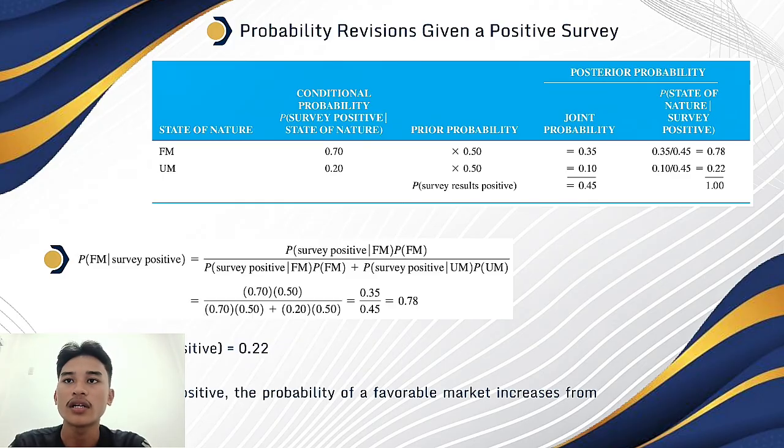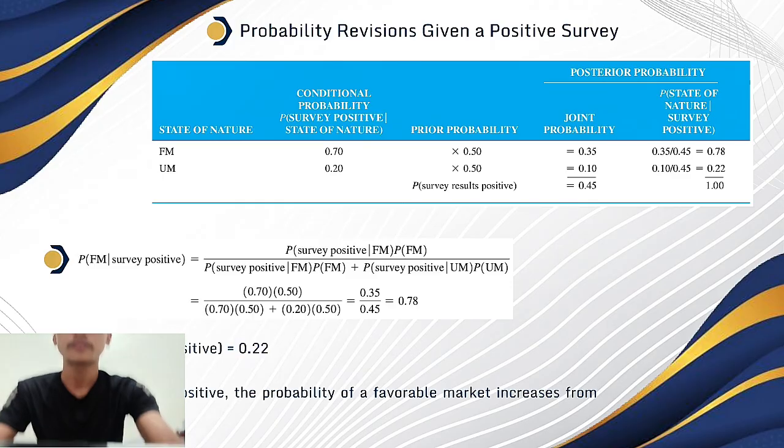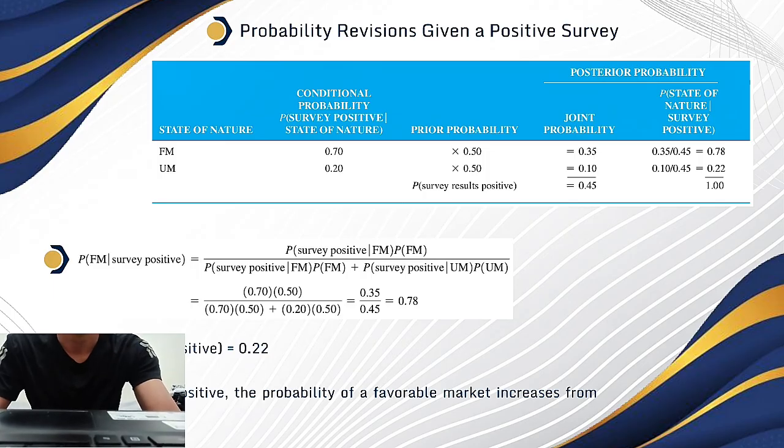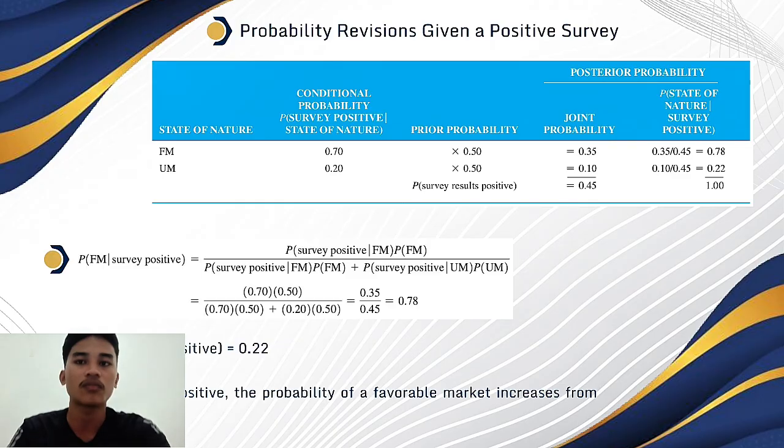If we compute the posterior probability, we have 0.78 for FM, then 0.22 is the posterior probability of UM, where UM stands for unfavorable market and FM stands for favorable market. So our interpretation here is, if the survey is positive, the probability of a favorable market increases from 50% to 78%.